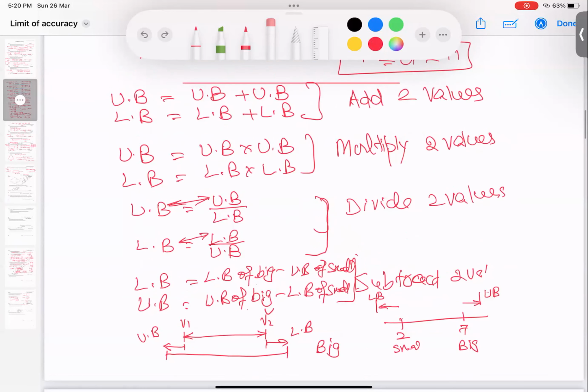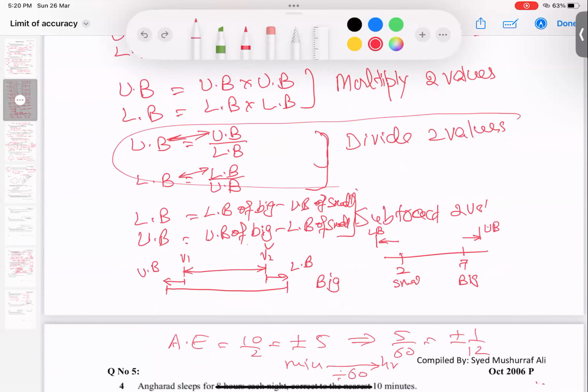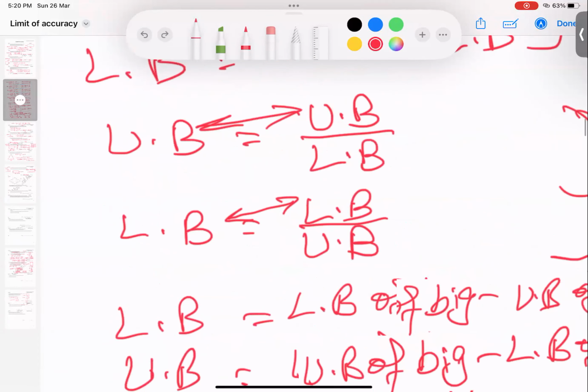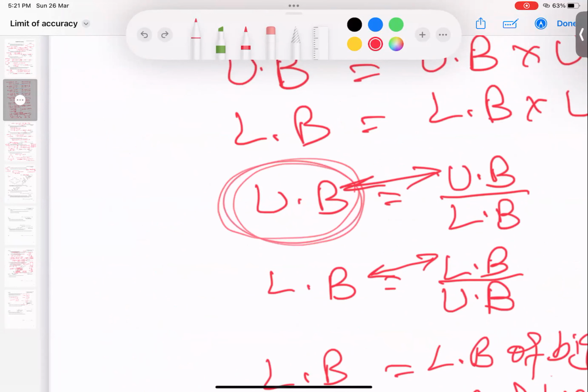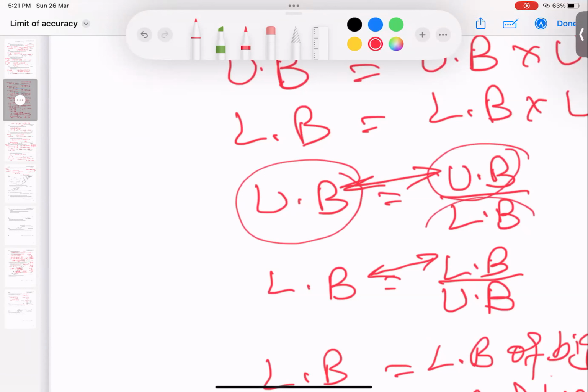But important: adding and multiplying are very easy. The harder part is dividing. Many students are confused in this one. So first of all, try to understand the formula. These two formulas are very, very important. Then I'll start one question with you. And make sure what the dividing criteria is. If I'm looking for the upper bound, the upper value must be the same in the numerator and the denominator will be the opposite. Opposite means lower bound. For example, if I'm looking for the upper bound, I will write the upper bound in the numerator, but the down part is always a lower bound.